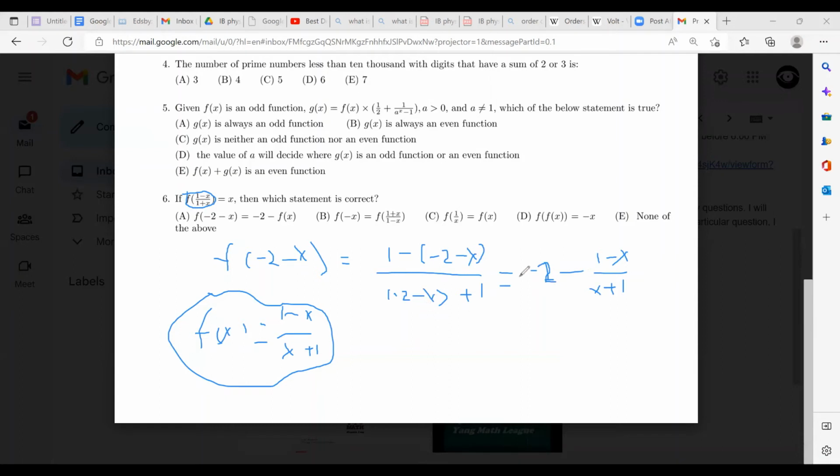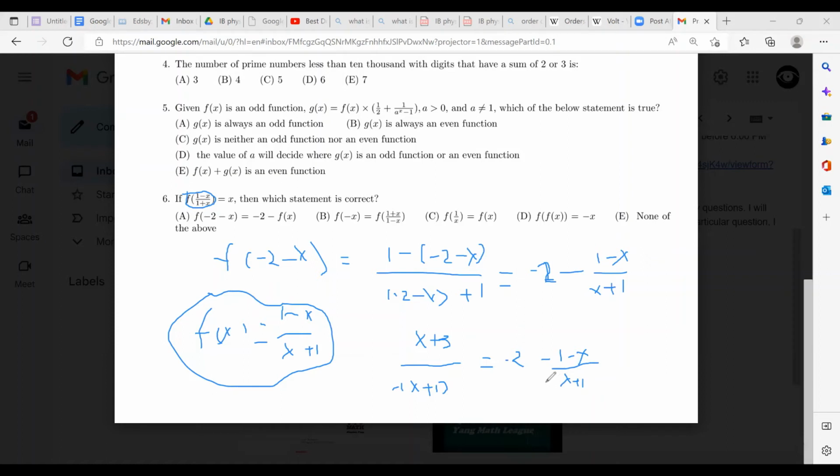So now let's simplify this. So we get x plus 3 on top, over x plus 1. Actually, there's a negative here. This is equal to negative 2 minus (1 minus x) over (x plus 1).